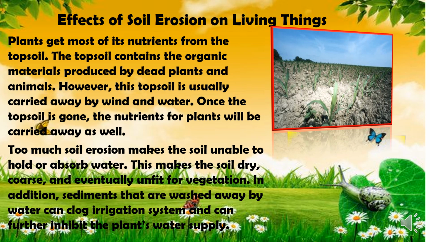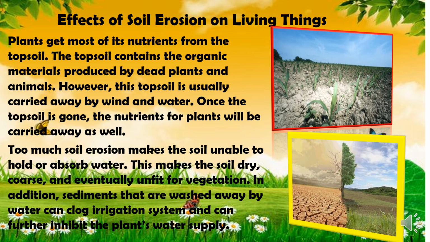Too much soil erosion makes the soil unable to hold or absorb water. This makes the soil dry, coarse, and eventually unfit for vegetation. In addition, sediments that are washed away by water can clog irrigation systems and can further inhibit the plant's water supply.